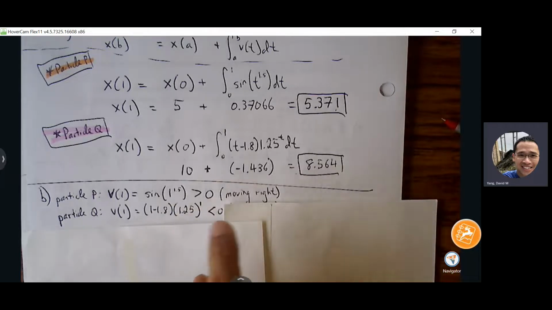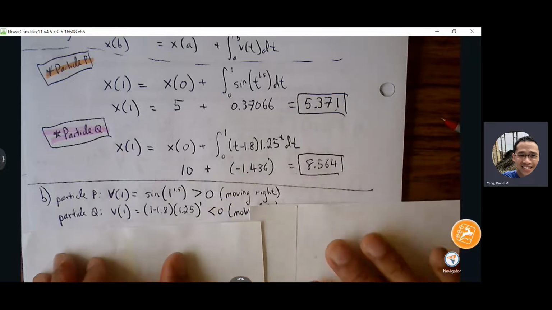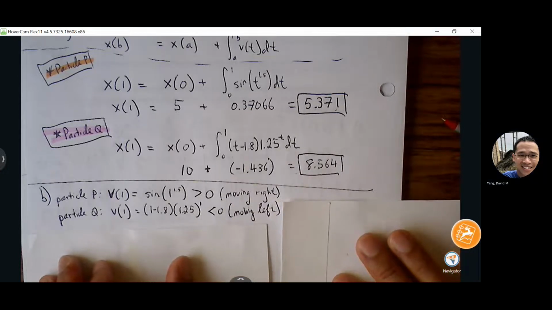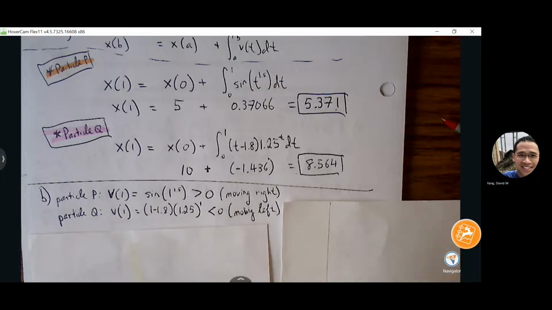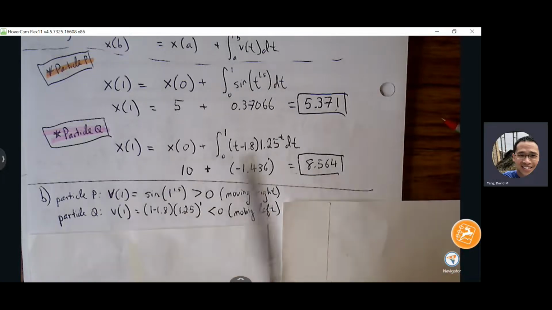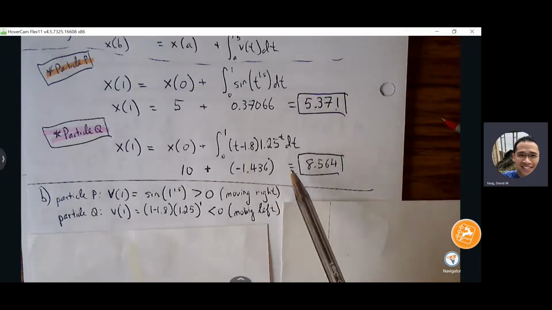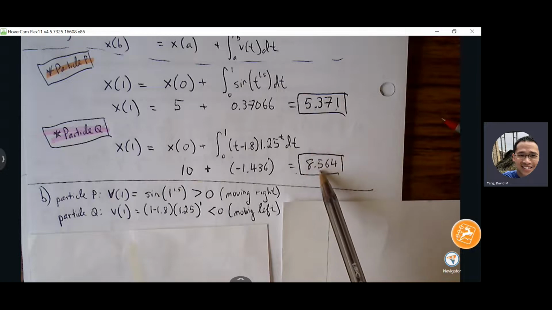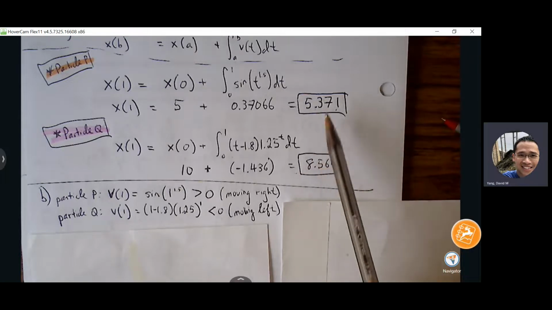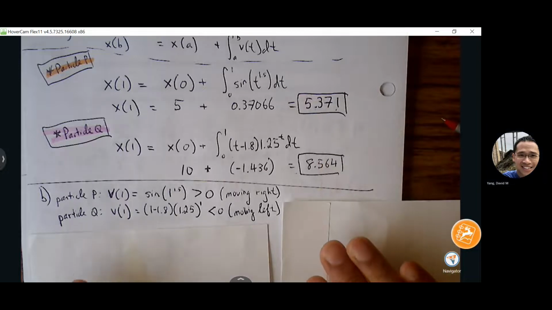So negative times positive is negative. So particle Q is moving left. Okay, so particle P starts at 5.371, is moving right. Particle Q is at 8.564, moving left. So are these particles moving towards or away?